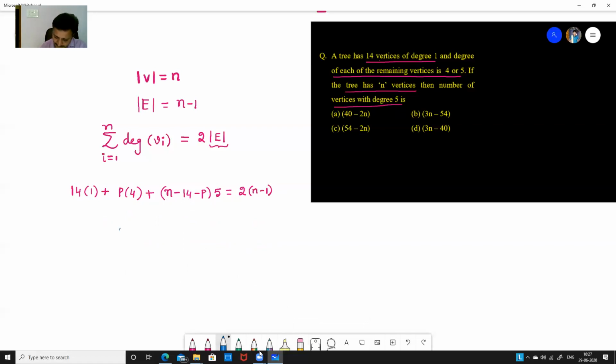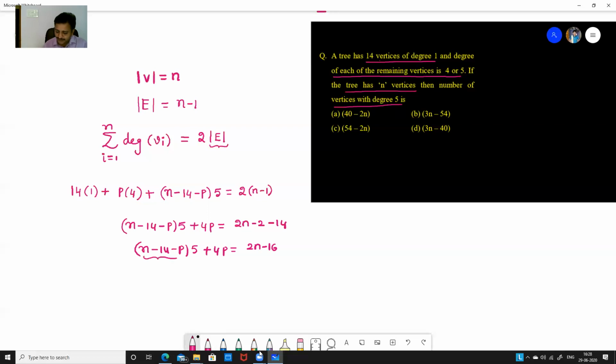The simple way to find this is n minus 14 minus p, times 5, plus 4p, is equal to, just bring this side, 2n minus 2 minus 14, which equals 2n minus 16. But what do we want to find exactly? We want to find only n minus 14 minus p.